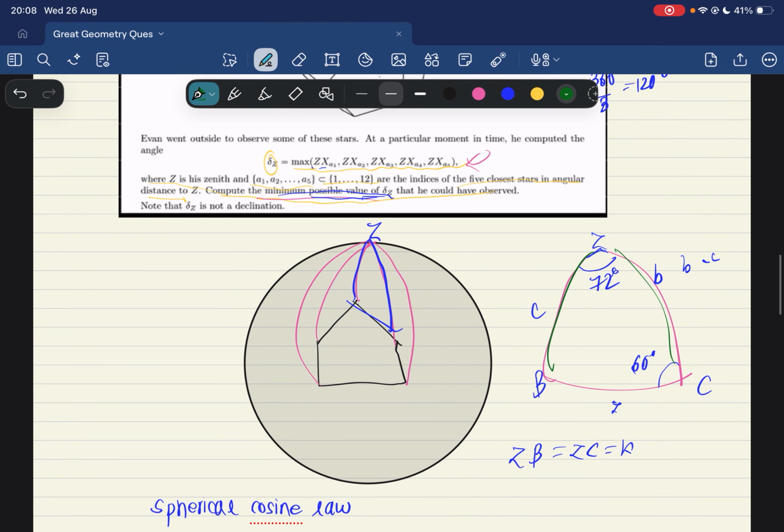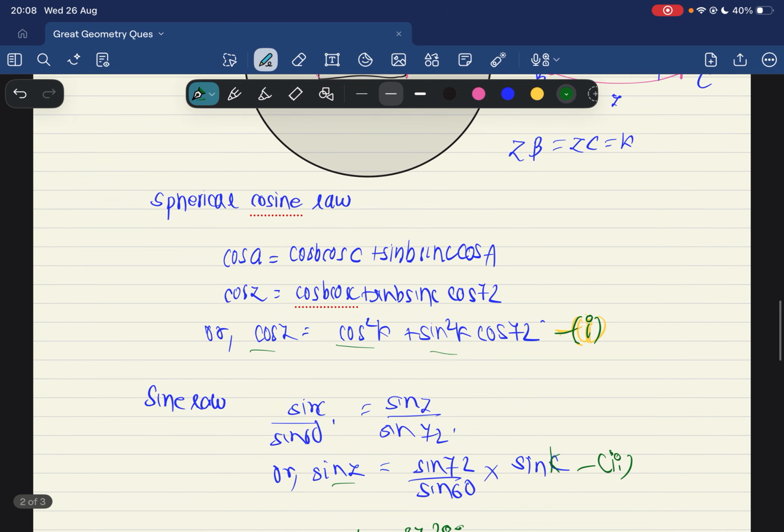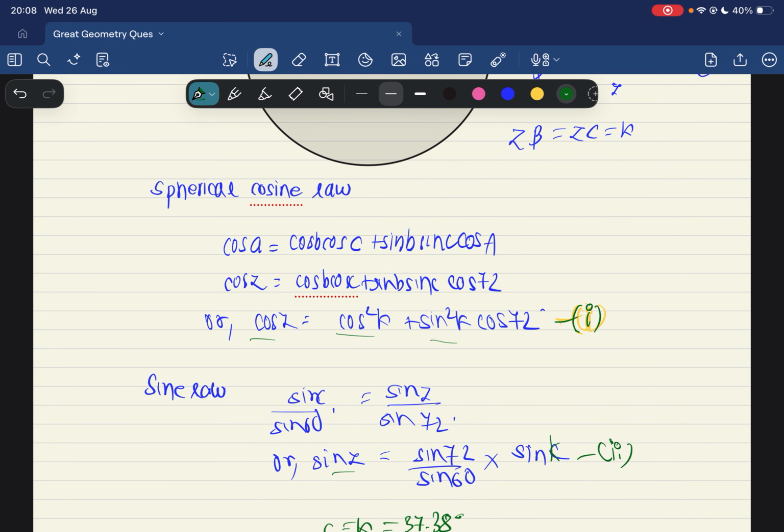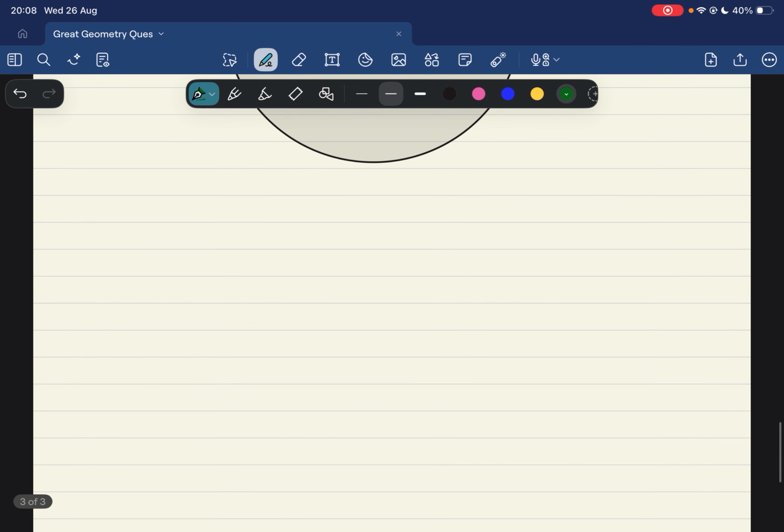We are trying to find the smallest angle that could ever be possible, and the group of the largest angle. So del z minimum is going to be 37.3 degrees.